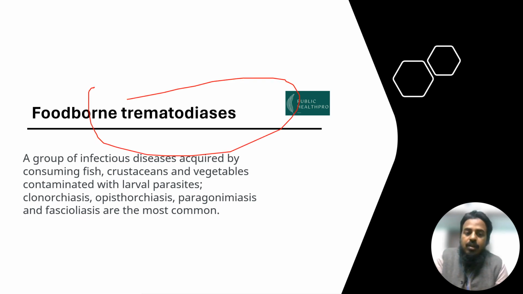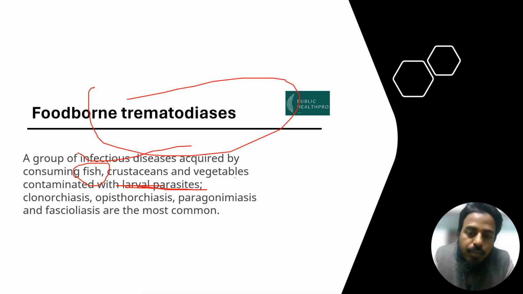While foodborne trematodiasis is a group of infectious diseases acquired by consuming fish and vegetables contaminated with larval parasites. When the infected and contaminated food is eaten, it results in this foodborne trematodiasis.